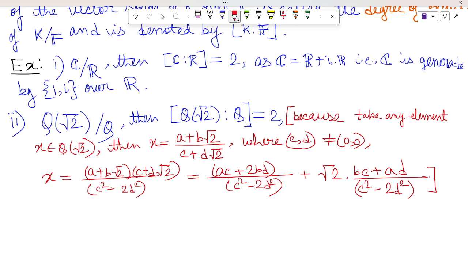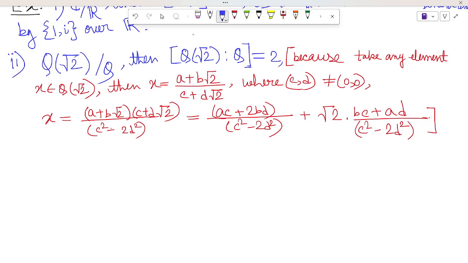You are understanding the things. So see, it is finite. I am giving an example; it is finite. So what could be an example of an infinite field extension?